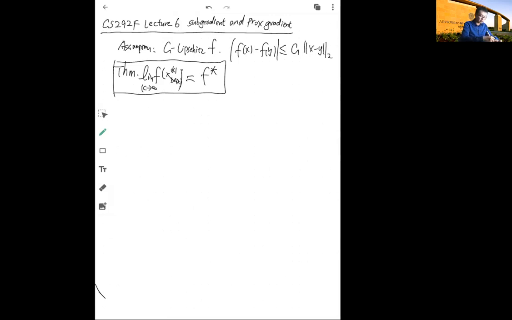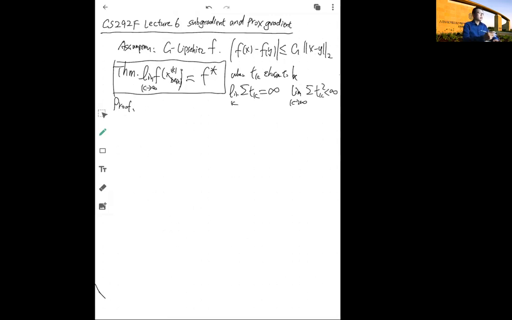Along the line, we'll also see the convergence rate when we choose the parameter appropriately. But for now, let's state this theorem. When t_k is chosen such that the sum of t_k equals infinity and the sum of t_k squared is finite.